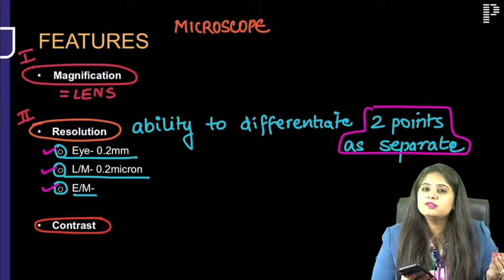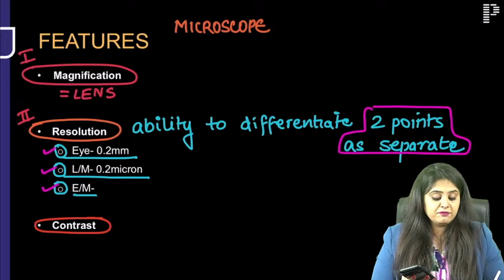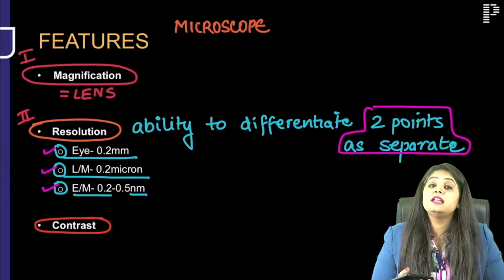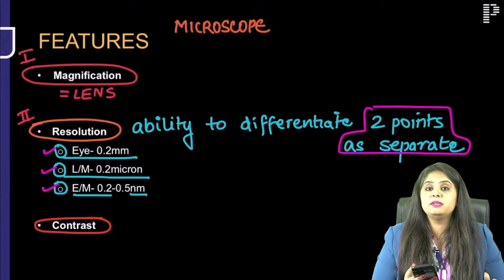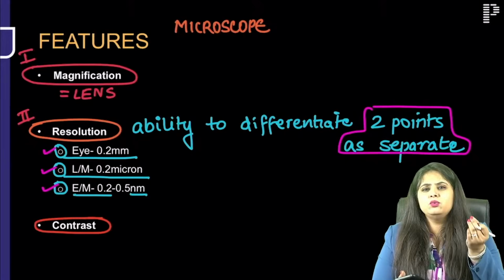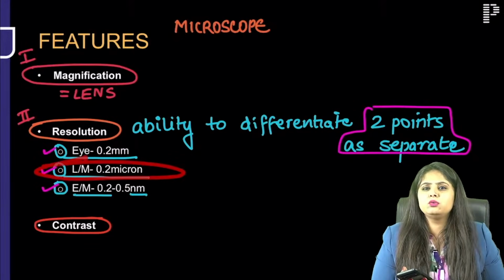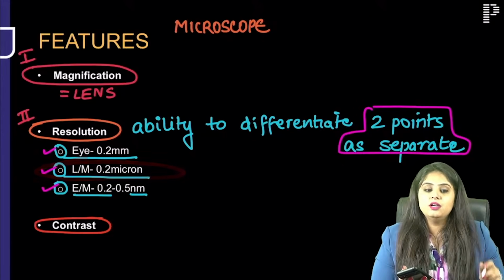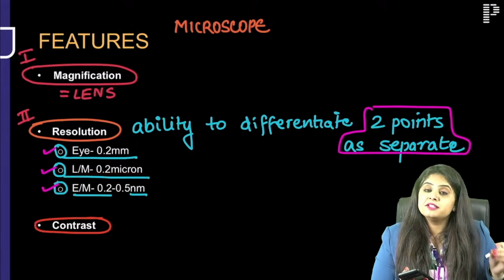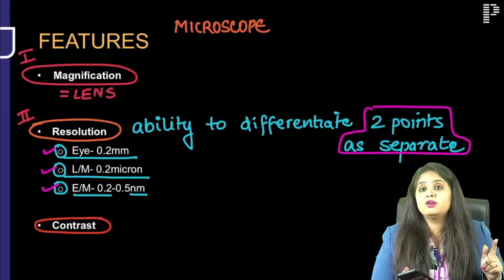That is how closely it can visualize things. And for electron microscopes, it is in nanometers, even smaller, means that I can differentiate two very, very close things, which even a light microscope might feel that no, these are not two things, this is one dot. But electron microscope will zoom in further and say, no, this is not one dot, these are two dots.